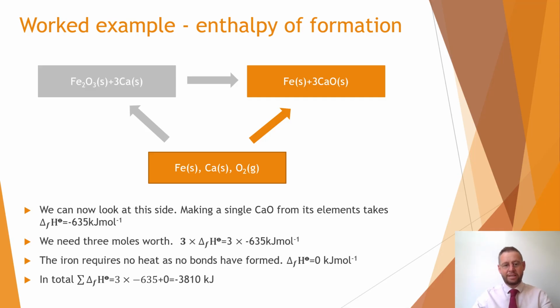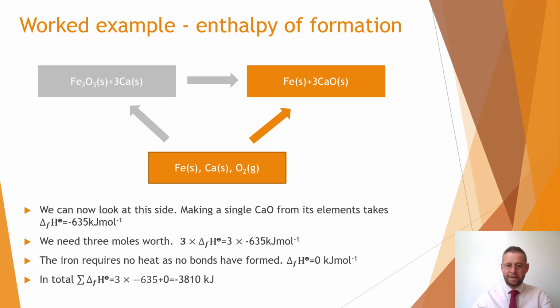Now, if it's minus 635 kilojoules per mole, the total amount of heat given off is going to be, well, we're not going to have this because that's per single mole. We have 3 moles. So it's going to be 3 times as much heat as this given off. So the enthalpy change of formation of this is going to be 3 times minus 635. This gives minus 3,810 kilojoules.